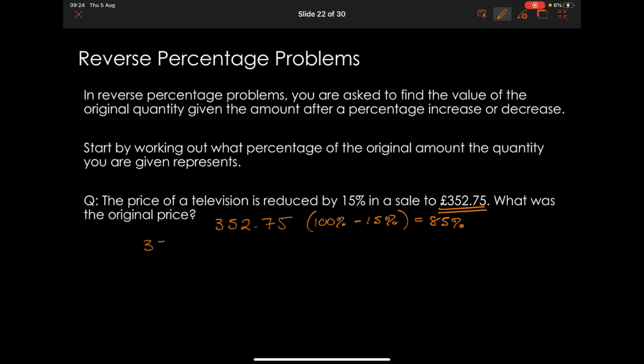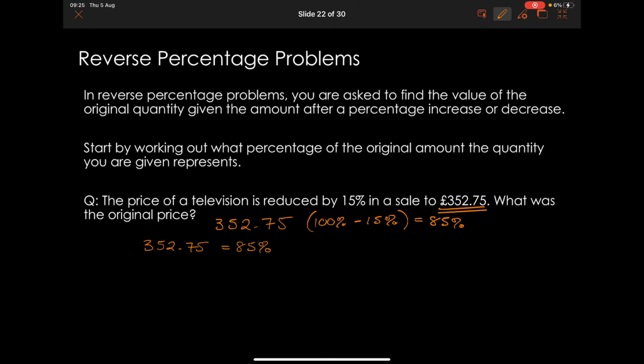So £352.75 is actually equal to 85% of the price. Okay, so it's not 100%. We don't know what 100% of the price was, but they've had a decrease. Once they've decreased it, it's £352.75.